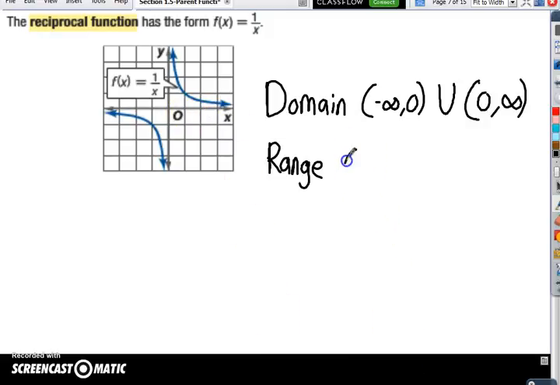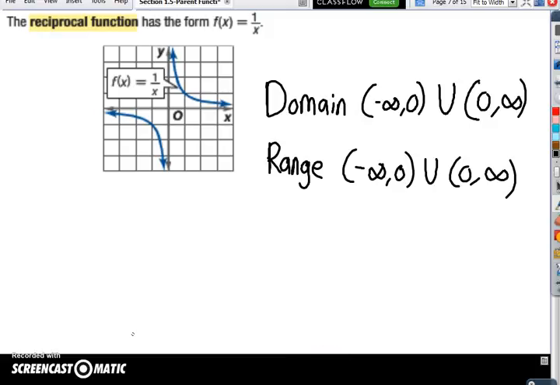So my range goes from negative infinity to 0, union 0 to infinity. If there's an asymptote here, which there is, right along there, I'm never going to be able to get to 0. I will get what we call asymptotically close, or really close to an asymptote, but I'm never actually going to be able to hit 0, so we're okay.